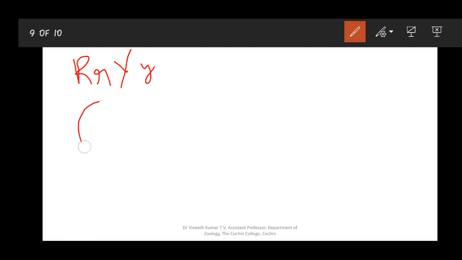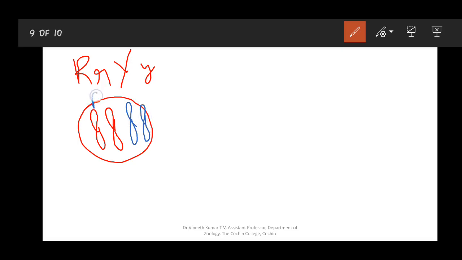So if I take this particular one, you will have capital R and small r, capital Y and small y. So I write it as, this one is having capital R, this is small r, capital Y and small y. Is this clear? So you have 4 chromosomes here, and now we are going to see the process of gametogenesis.